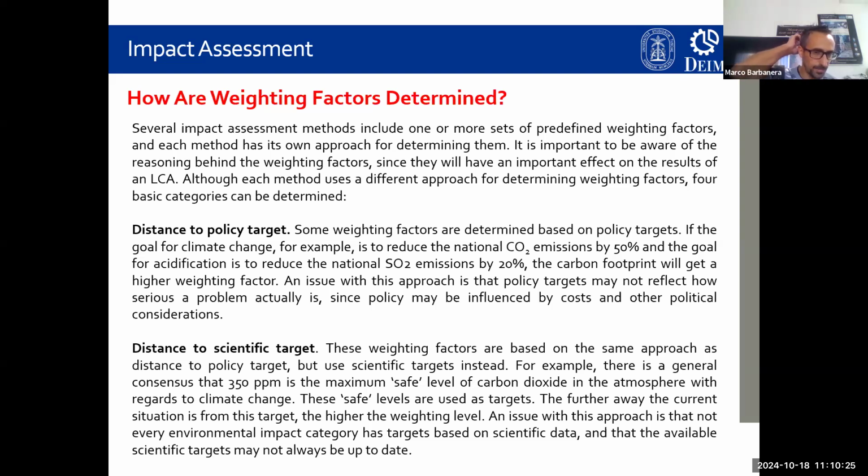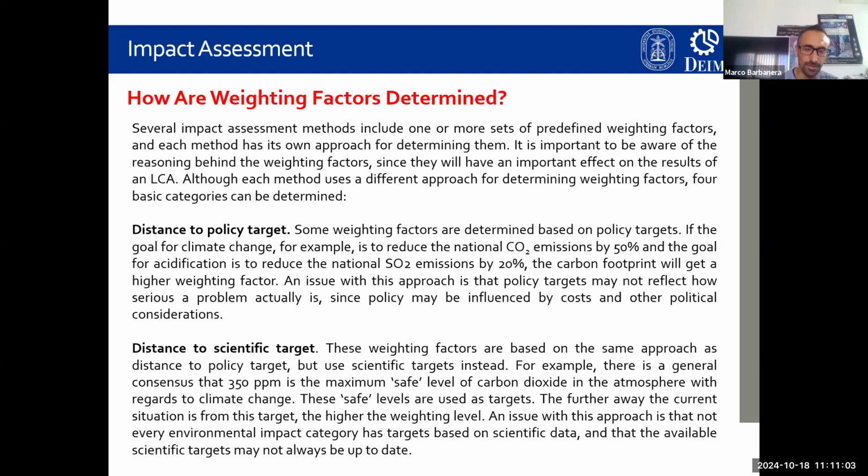So this approach could be interesting, but we have the problem that the weighting factors are based on policy targets, and so in this case are not based on the real environmental burdens. So we could have a problem in this sense.